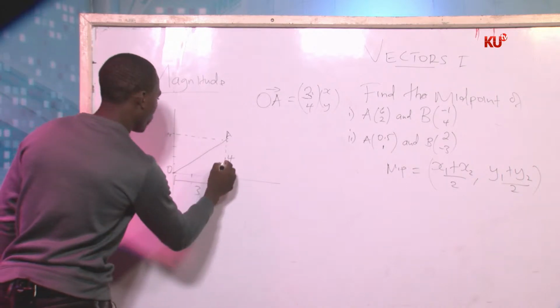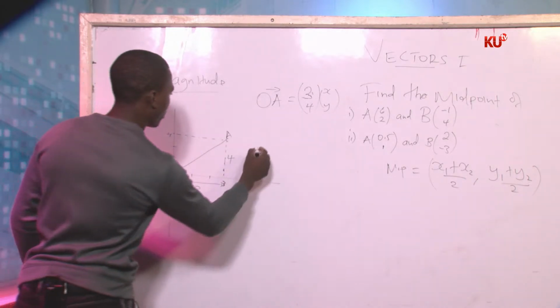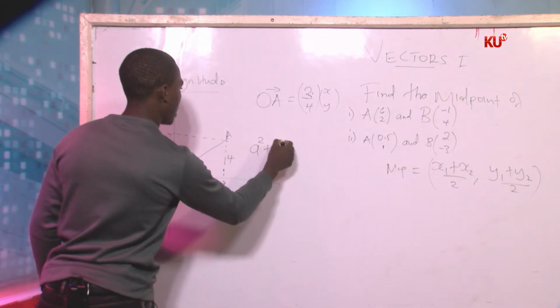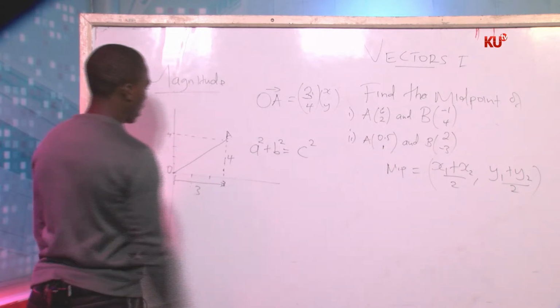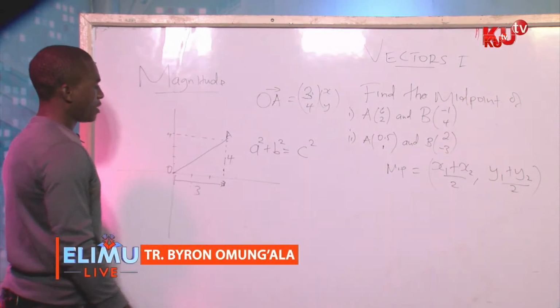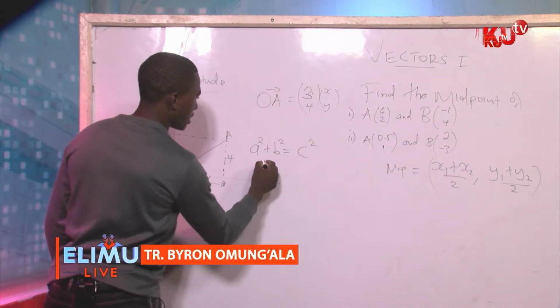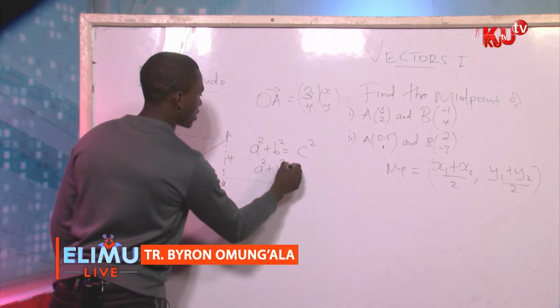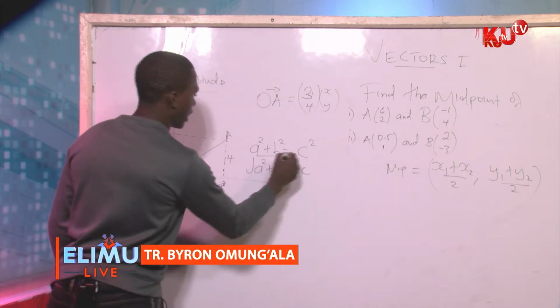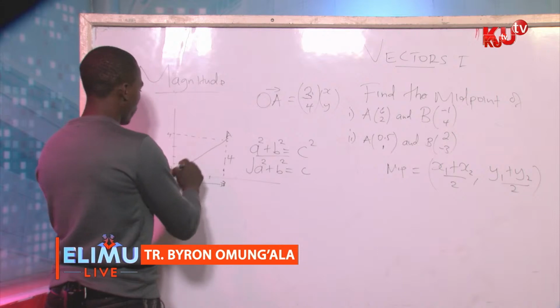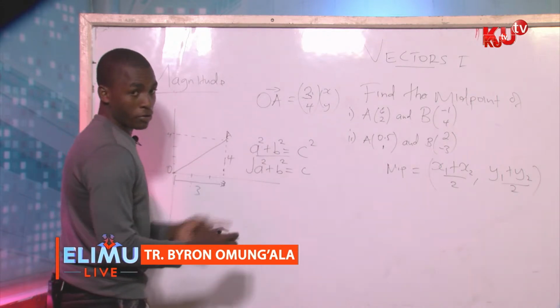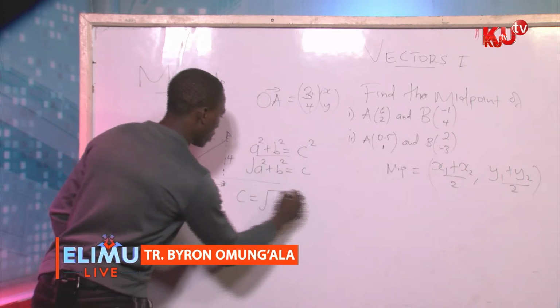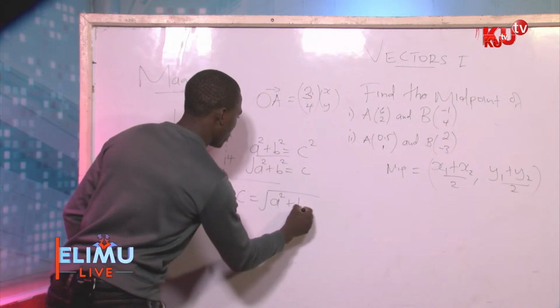If we have this as 4 and this as 3, from Pythagoras theorem, a squared plus b squared gives us c squared. For us to find c, we simply find the square root on both sides. So in order to find the value of OA, the hypotenuse c, it's simply the square root of a squared plus b squared.